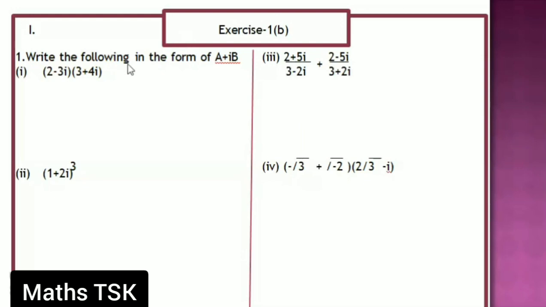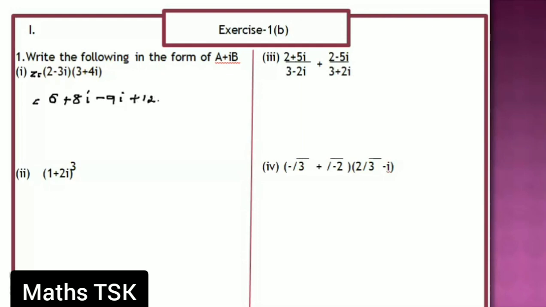How to write the complex numbers in the form of a plus ib, that's given. First one, the complex number is given in the form of 2 minus 3i into 3 plus 4i. We've done it already. I consider this as z. So multiply, we'll get 2 into 3 is 6, and then 2 into 4i is 8i, and then minus 3i into 3 is minus 9i, and then minus 3i into 4i becomes plus 12, since i square is equal to minus 1.